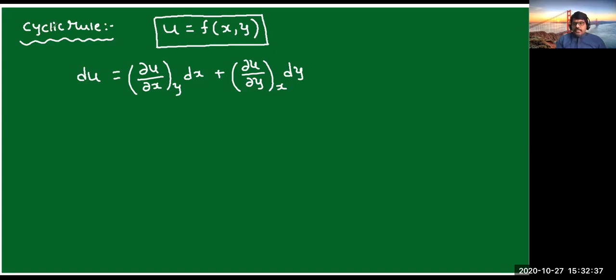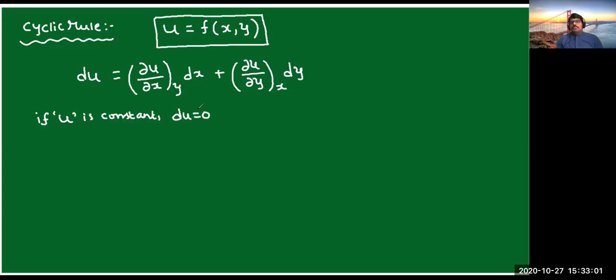If you take a cyclic process, in fact here u is a state function, but all those things we'll discuss. Let us take, for example, that u is constant. Obviously du is equal to 0.